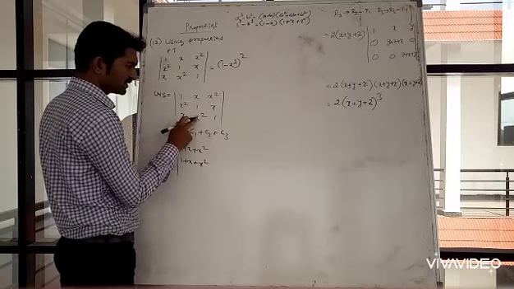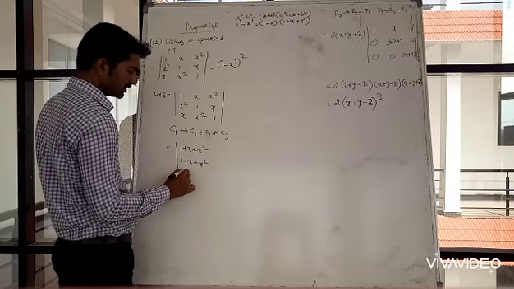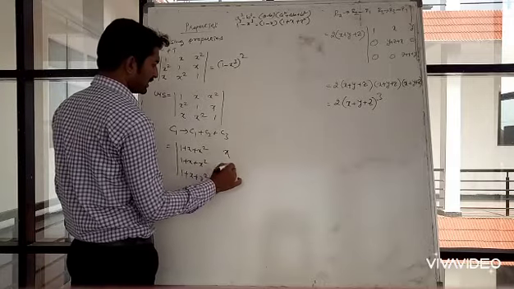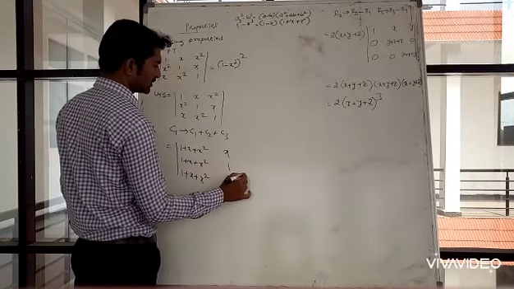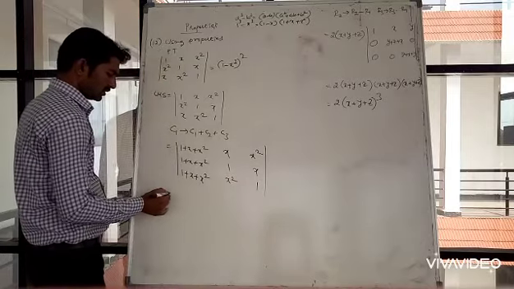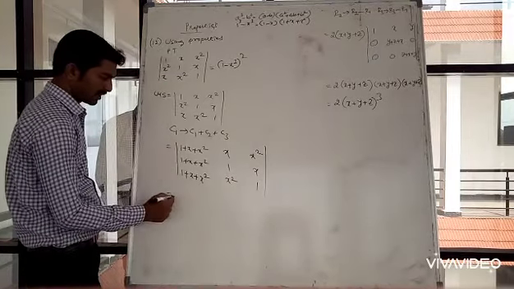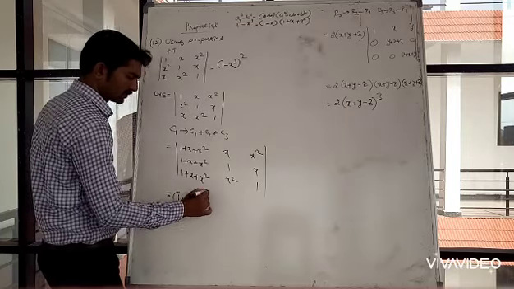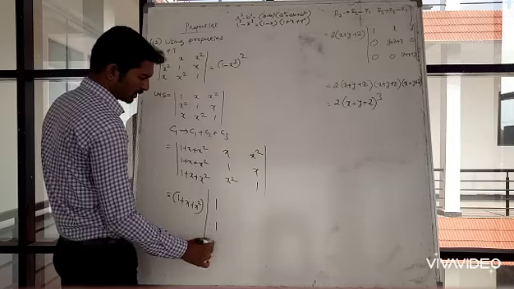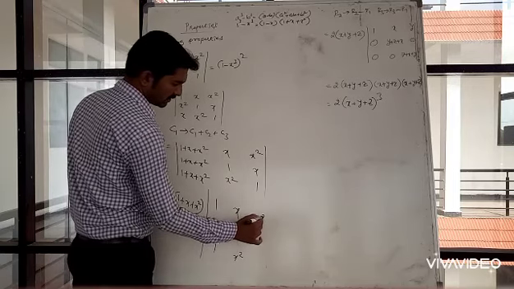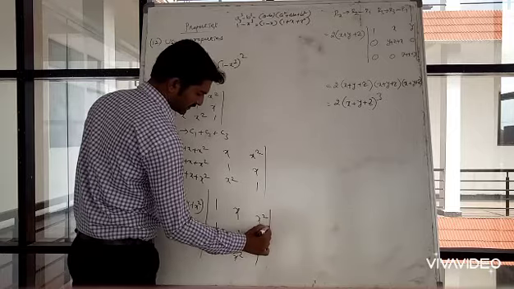Here also x plus x square plus 1 is nothing but 1 plus x plus x square. Then the remaining columns as they are. Then 1 plus x plus x square is common, take it outside. What will remain? 1, x square, x; 1, 1, x square; 1, x, 1.